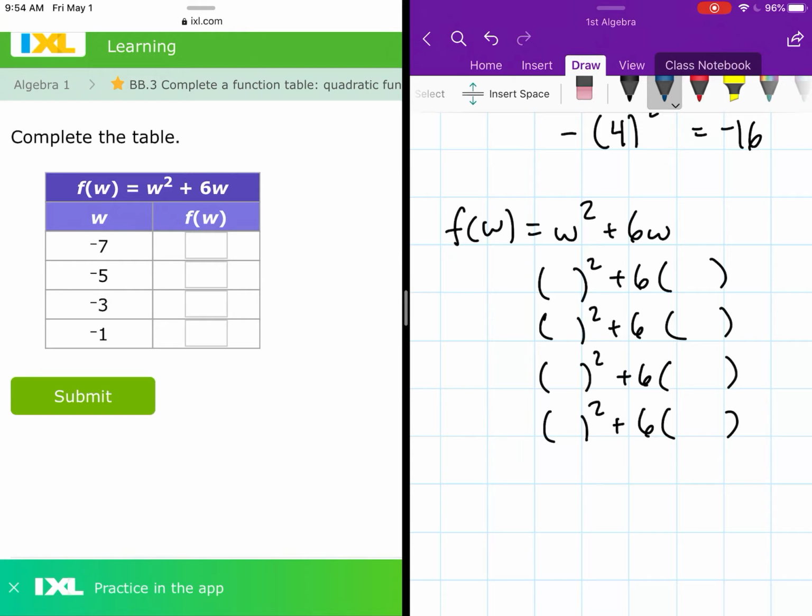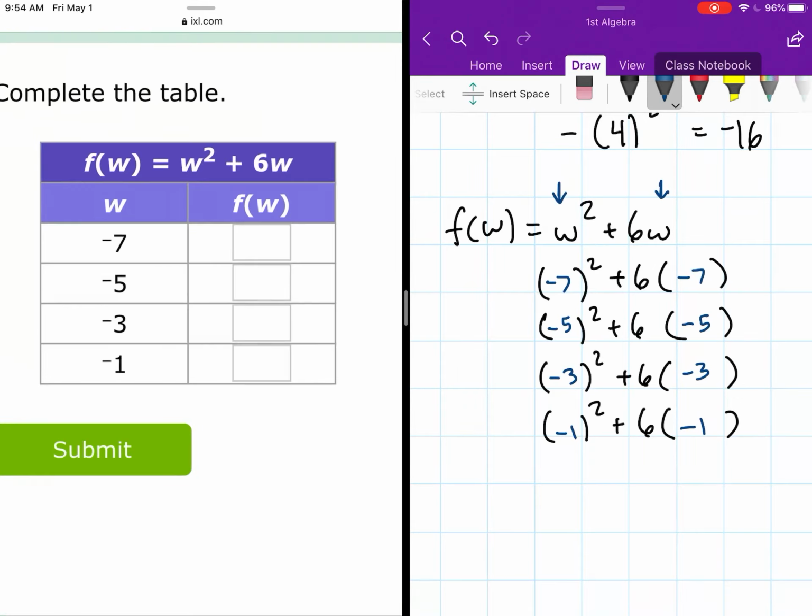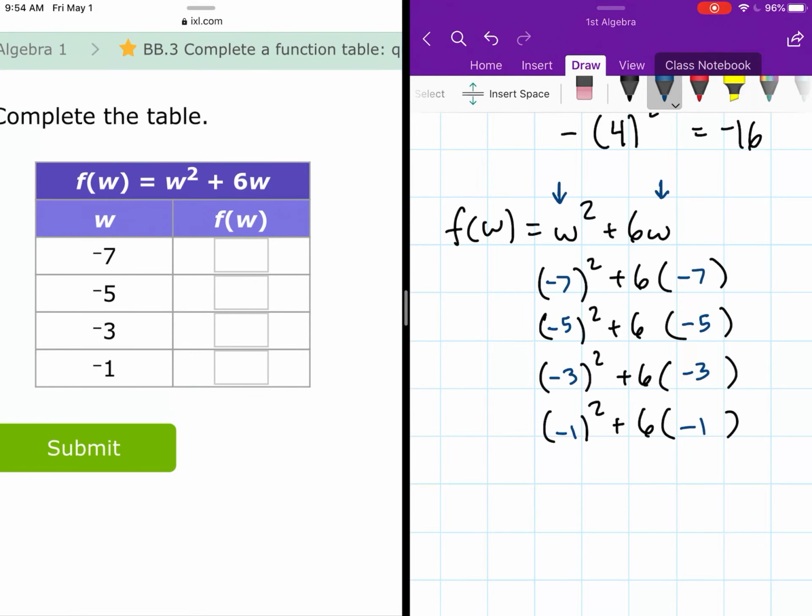The only difference is I'm going to replace them with the numbers from my table. So negative 7, negative 7. Then on the second one, negative 5, negative 5, negative 3, negative 3, negative 1, negative 1. So all I'm doing is replacing these variables with the numbers from the table.